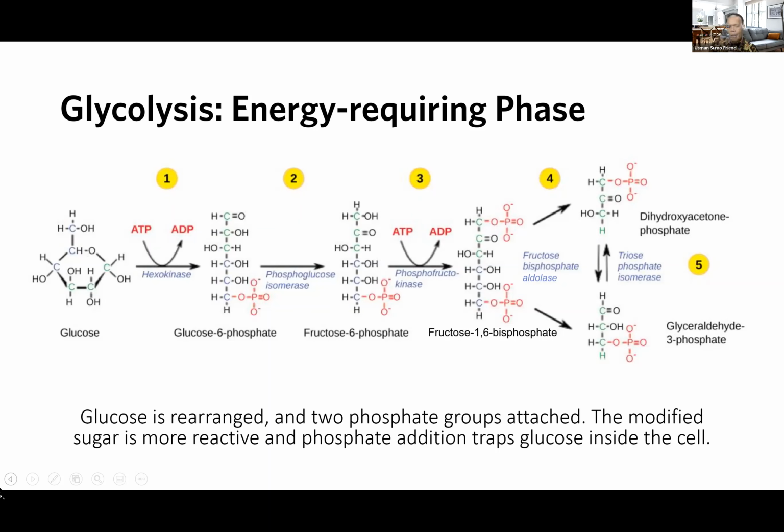Then in the step once again, this conversion also needs ATP.